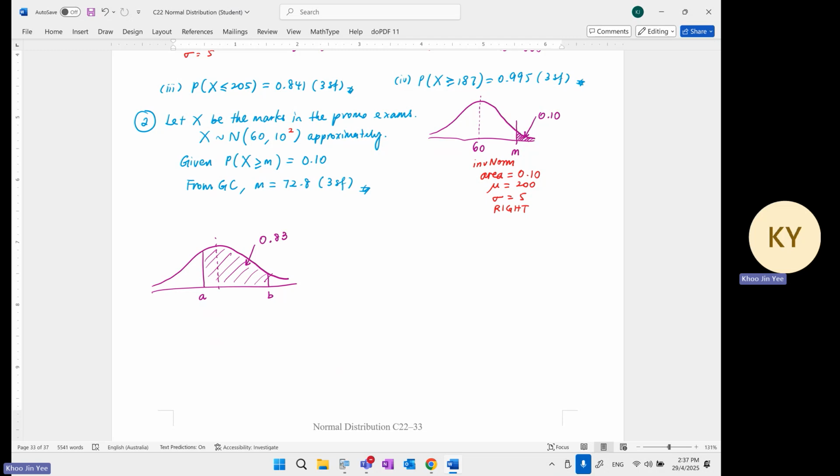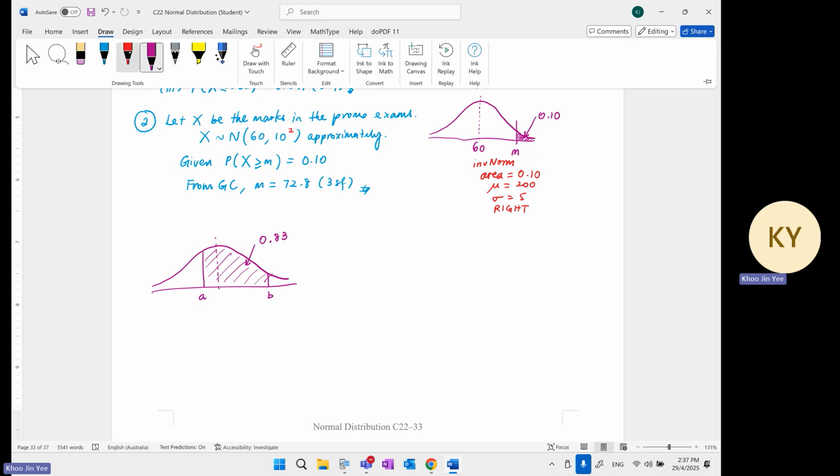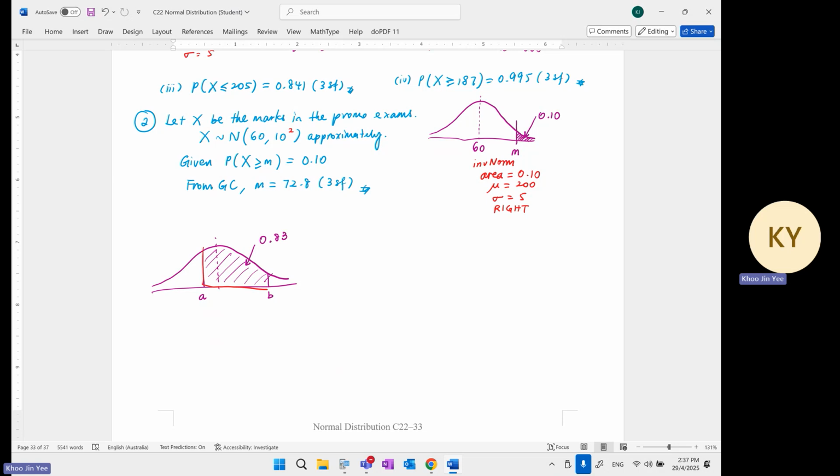If you take a look, you can take this big area over here minus this small area over here.